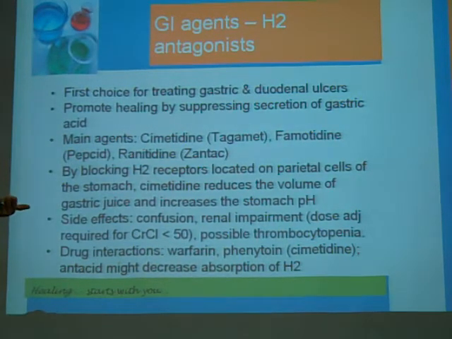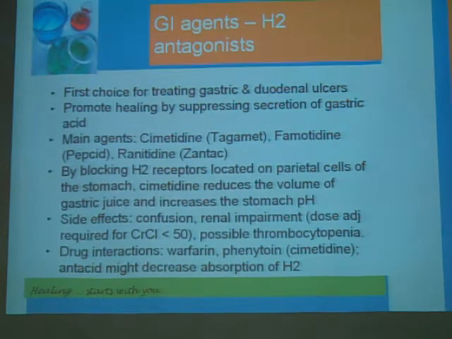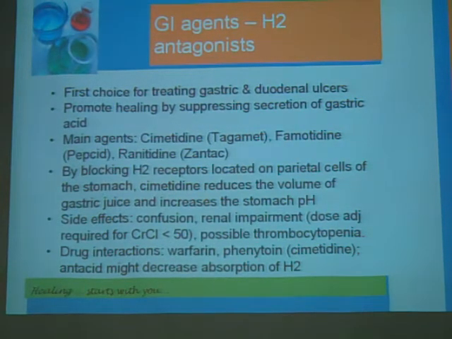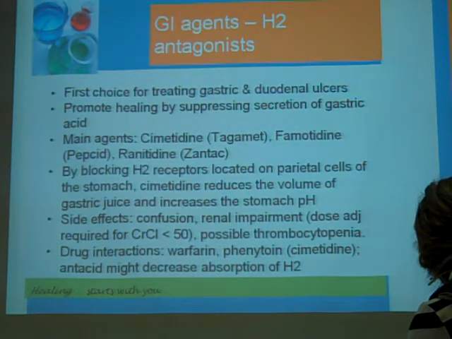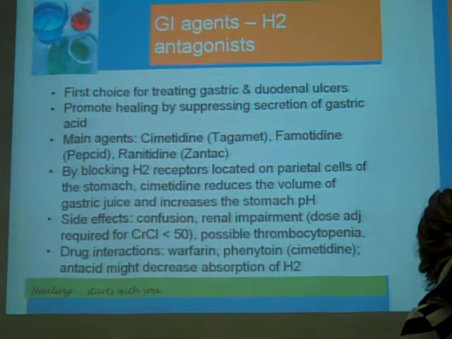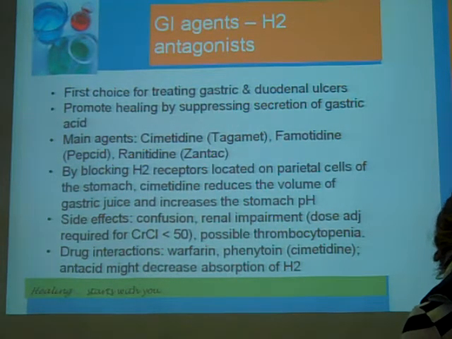The weirdest part with this group of medicine, it requires acid to work. So if someone already have an ulcer, but they've been taking, let's say, Tums or something to block off the acid or neutralize the acid, this group might not work as well. So it requires acid to work.